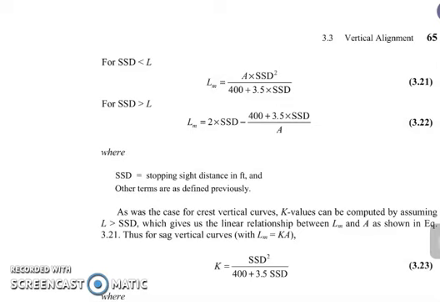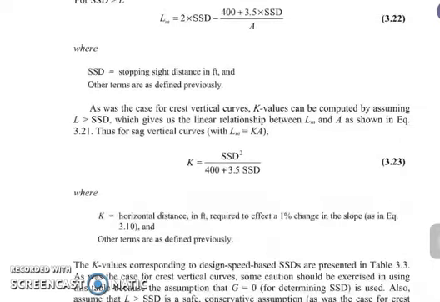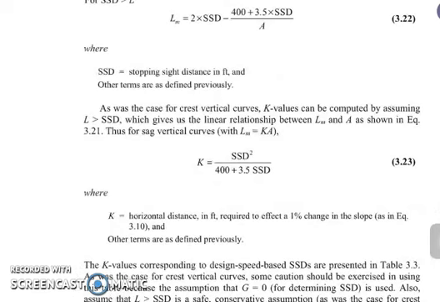As in the case of the crest vertical curve, we also have the value for K, which can be computed by assuming that L is greater than SSD. It gives us a linear relationship between L sub M and A. So for the sag vertical curve, L sub M is equal to K times A, and we have our K value, which is equivalent to SSD squared all over (400 plus 3.5 SSD).